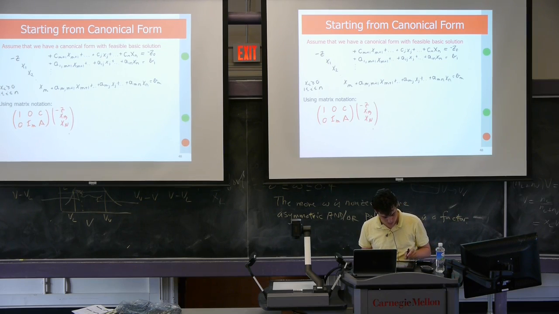So this system is the same as this. And on the right-hand side, we have minus z0 and vector b.